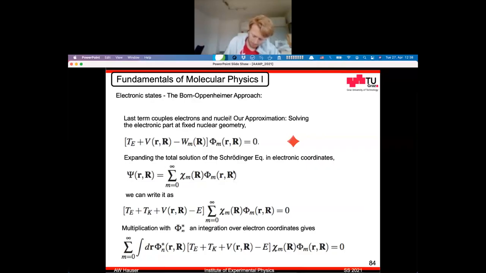The only thing that we have to keep in mind is that if we want this function also to be dependent on R and our linear combination to be flexible enough to describe any type of function which depends on electron and nuclear coordinates, we will have to introduce coefficients, which are written as chi m here, coefficients which themselves depend on the nuclear coordinates.